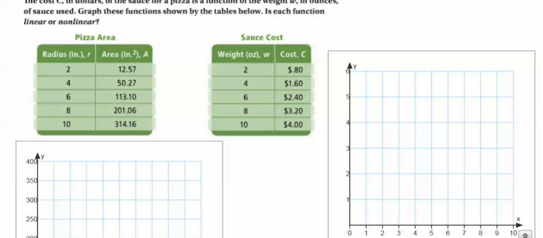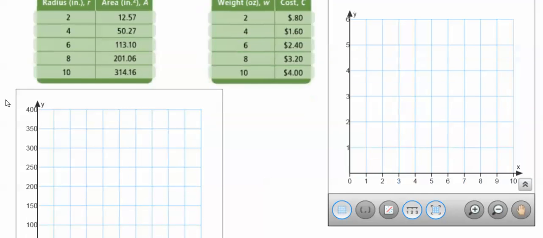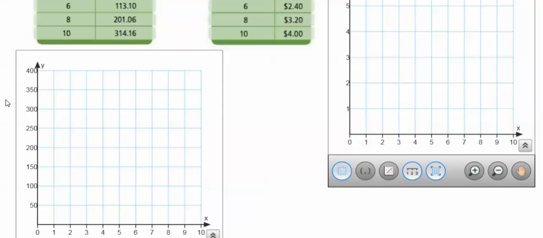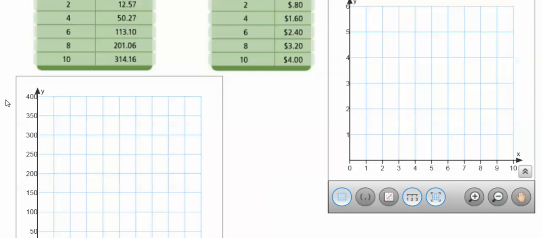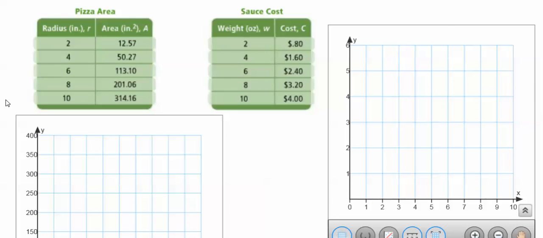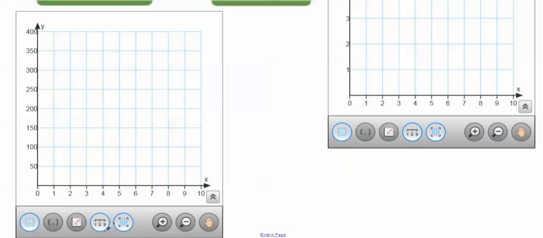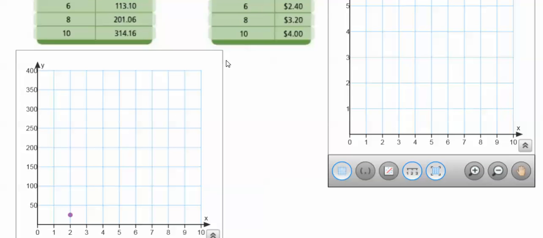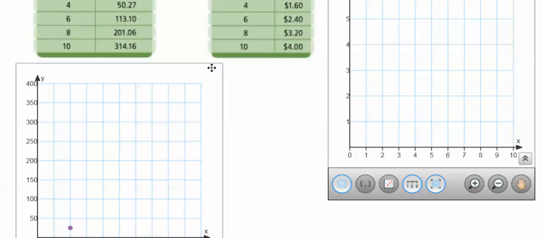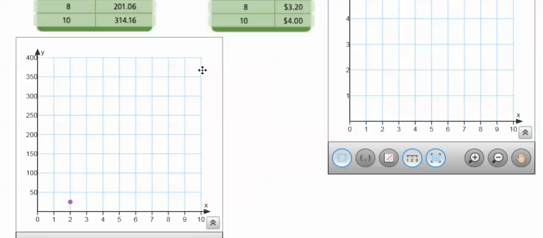So if we look at this one, we go ahead and plot this. This is 2 and 12.5. So 2 and 12.5, it's like right here. And then the next one would be at 4 and 50.27.